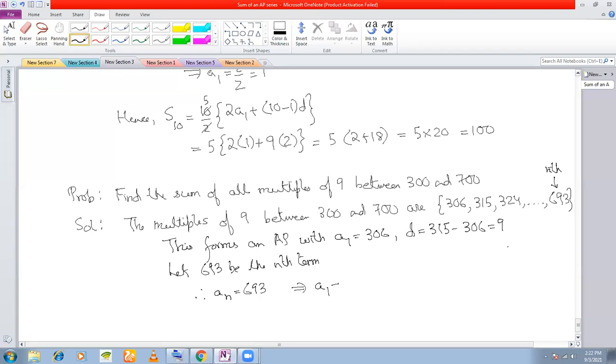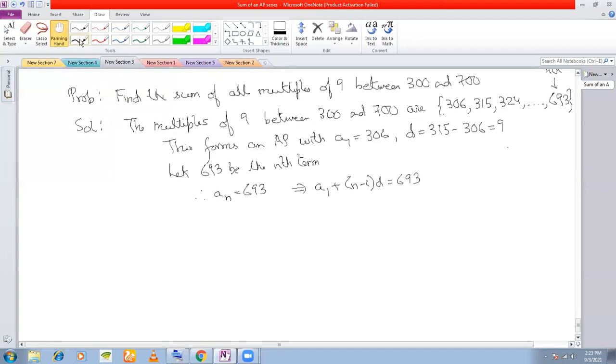That means a1 plus n minus 1 into d is equal to 693. That means 306 plus n minus 1 into d is equal to 693. That means 9 times n minus 1 is equal to 693 minus 306.